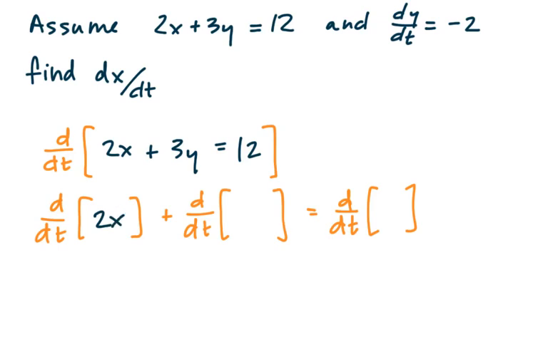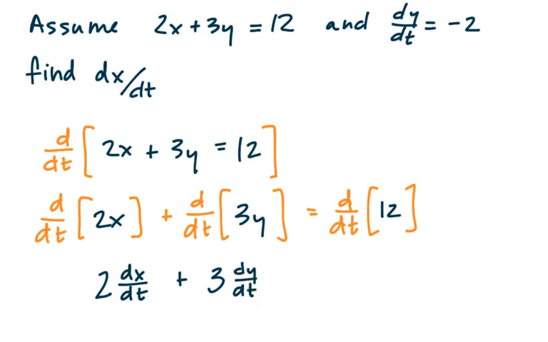So I've got each term, 2x, 3y, and 12. The derivative of 2x becomes 2, and I took the derivative of x, so I write dx/dt. The derivative of 3y is 3, and in this case I took the derivative of y with respect to t, so I write dy/dt. And then the derivative of 12 is 0. Okay? So we're done with our derivative.